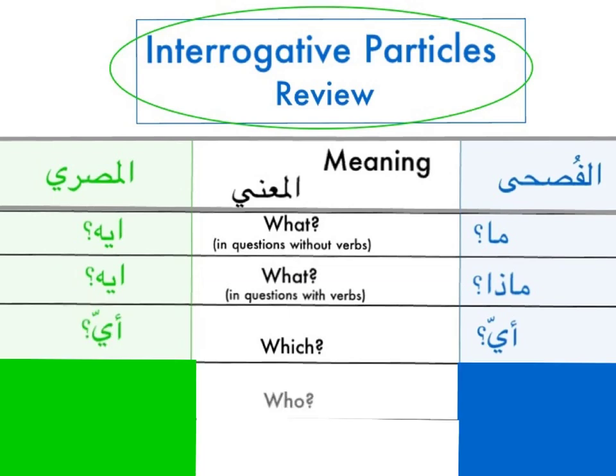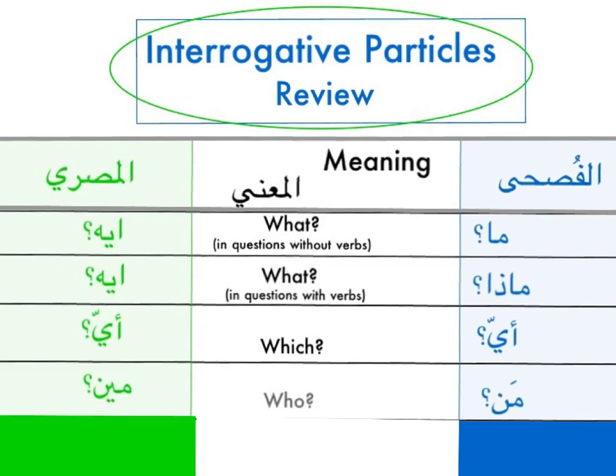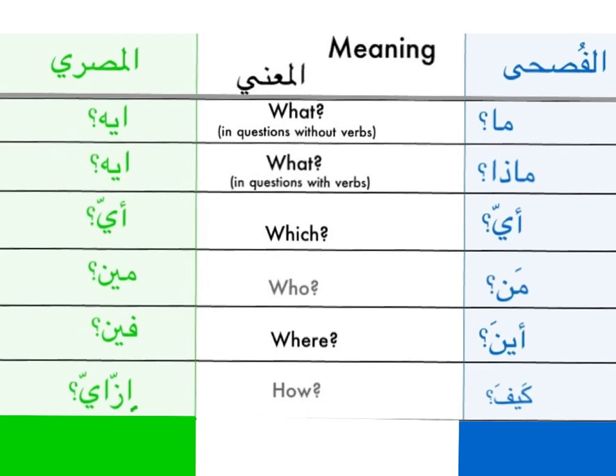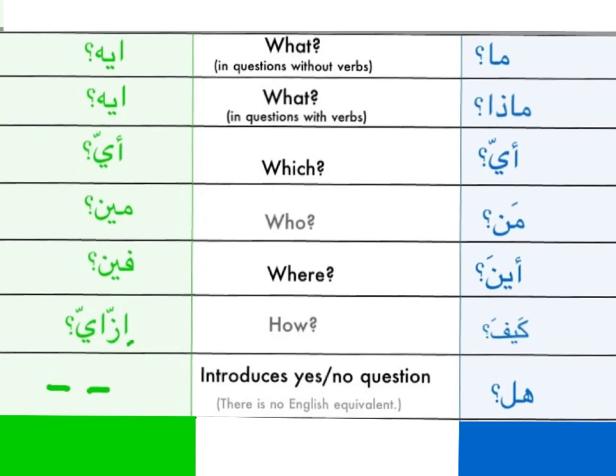For who in English we use من in فصحى and مين in مصري. For where in English we have أين in فصحى and فين in عامية. How in English كيف in فصحى and إزاي in مصري. And for yes-no questions we have هل in فصحى, and notice there is no equivalent in عامية or in English for this matter.